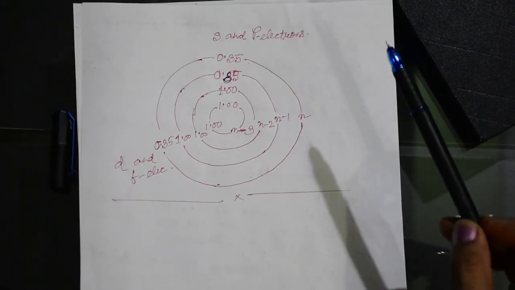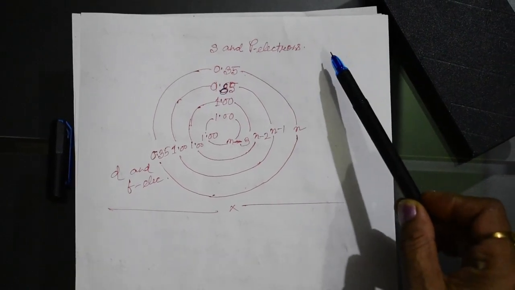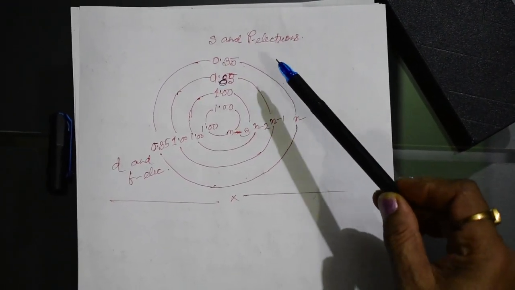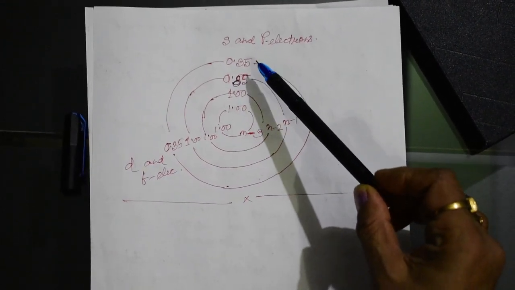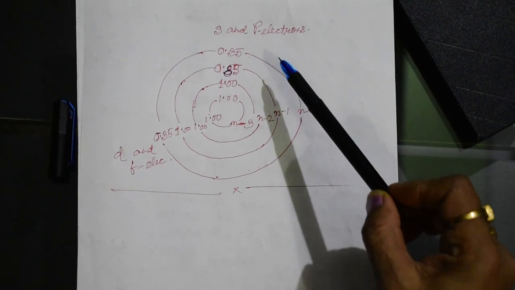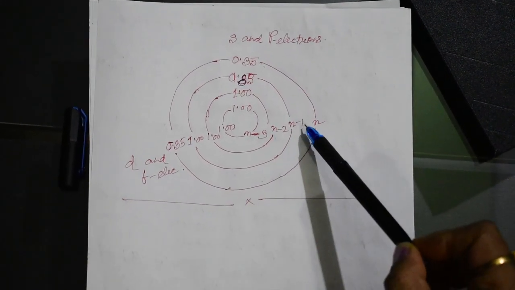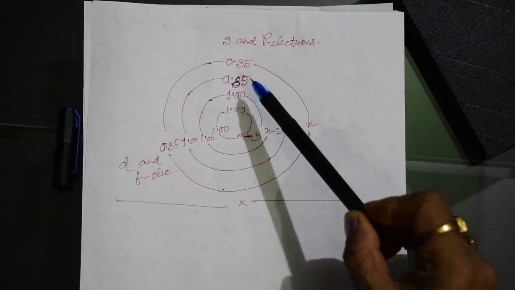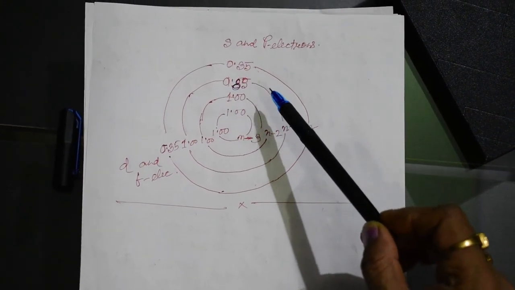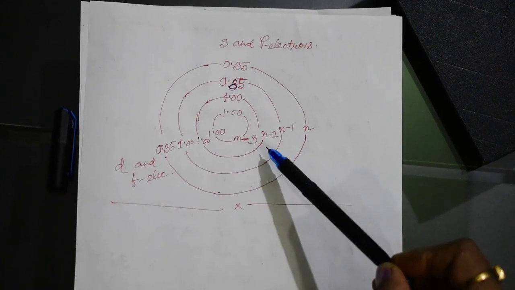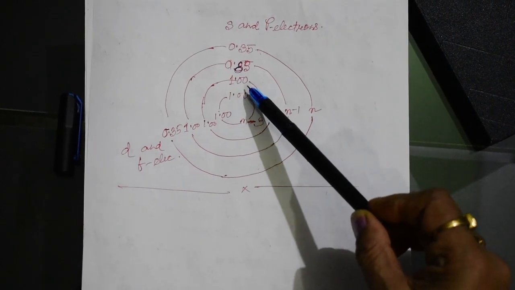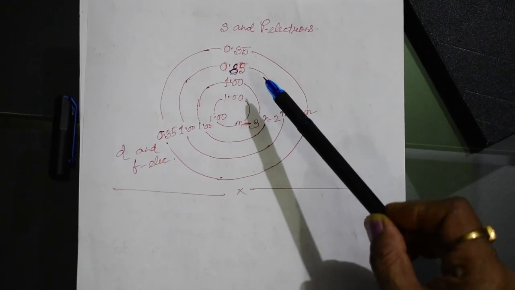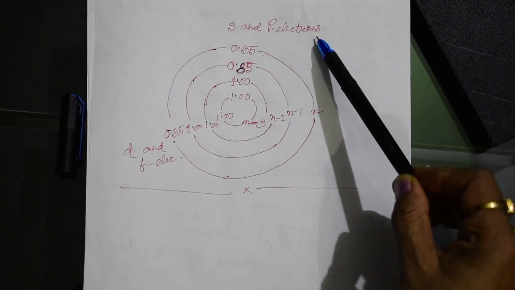That means if we consider the screening constant for s and p electrons, the electrons in the nth shell shield 0.35, the electrons in the n-1 shell shield 0.85, and the electrons in the n-2 shell contribute 1.00 to the shielding or screening. This is for the s and p electrons.